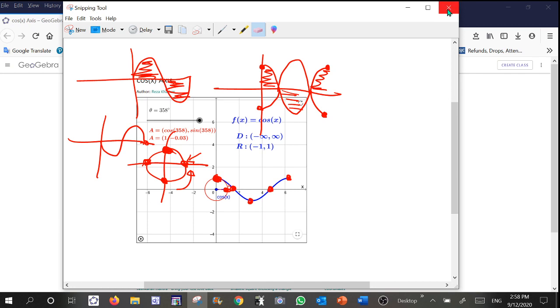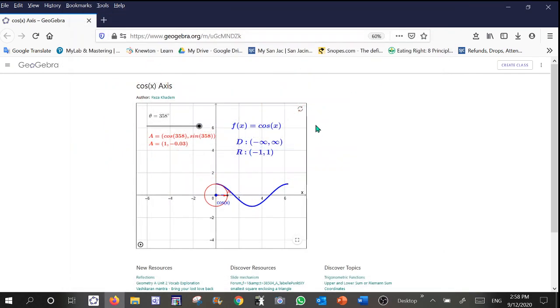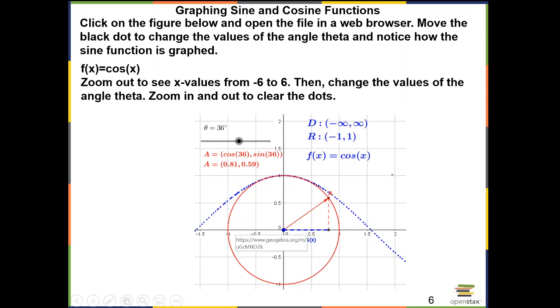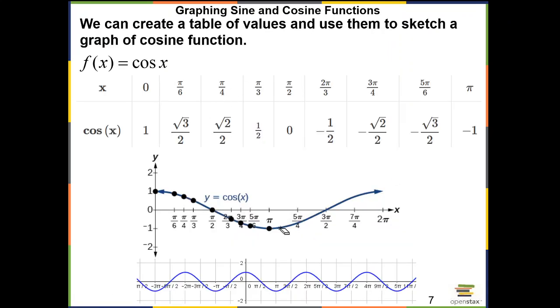But cosine function, now we know, cosine function looks like what? Looks like this, right? And you can have a table maybe and graph different points to see it. But again, this point comes from where we are on the unit circle over here. And this point is when we are over here. And this point is when we are at pi.